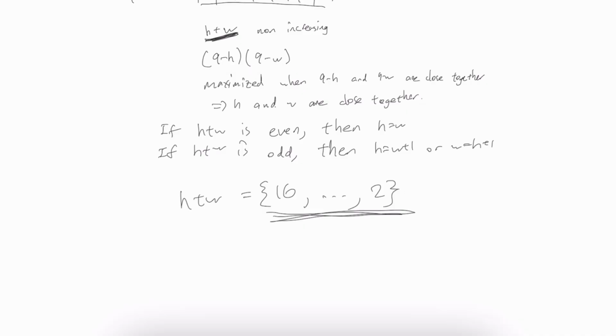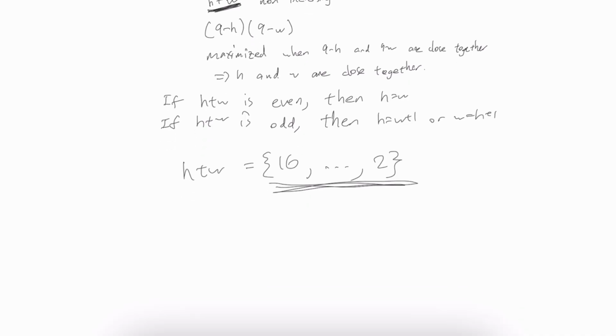And so when h plus w is 16, then 9 minus h times 9 minus w is maximized when h is equal to w is equal to 8.